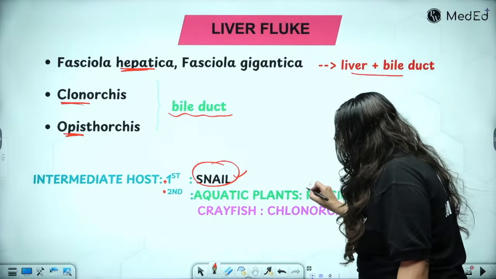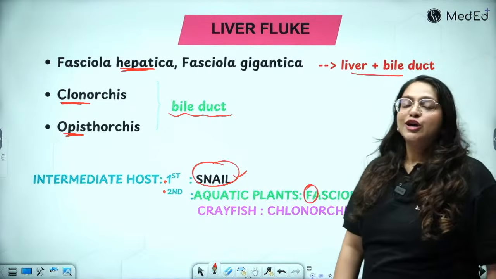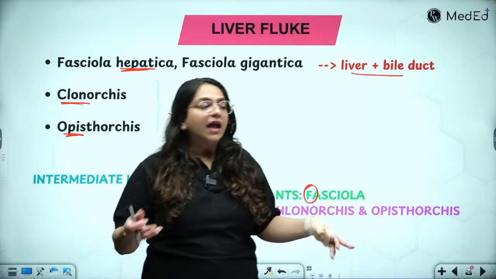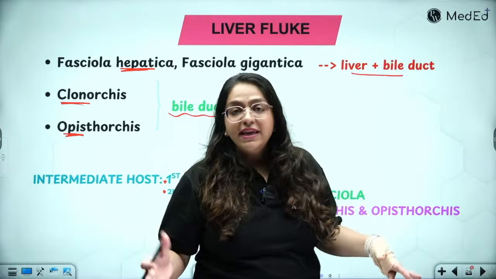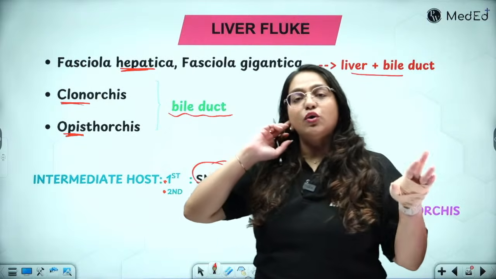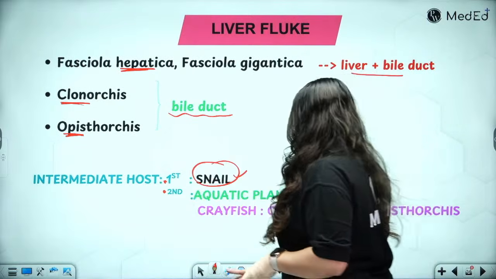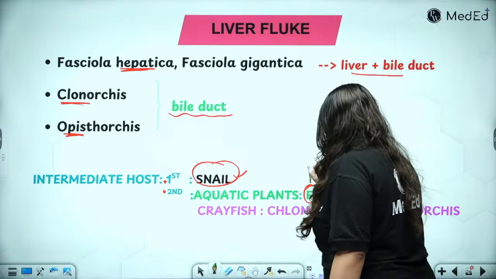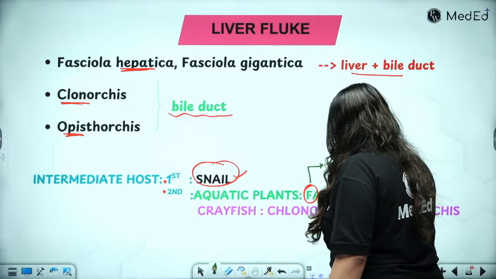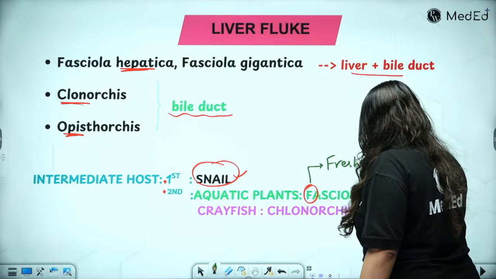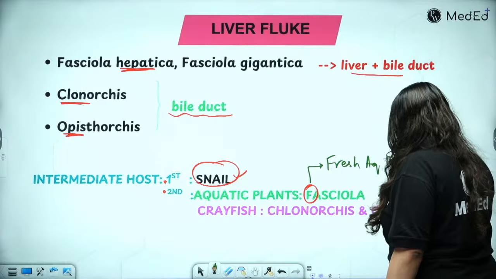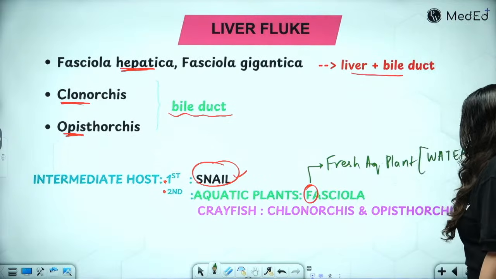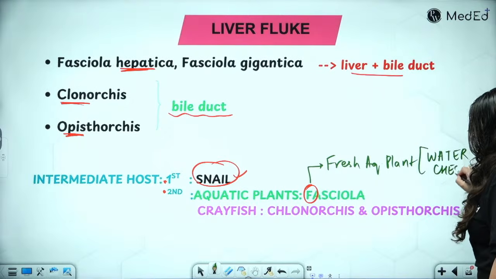So whenever it is anything with the letter F, so it could be Fasciola hepatica, it could be Fasciola gigantica, it could be Fasciolopsis buski, whichever trematode, if it starts with F, it is caused by a fresh aquatic plant. Example, water chestnut.